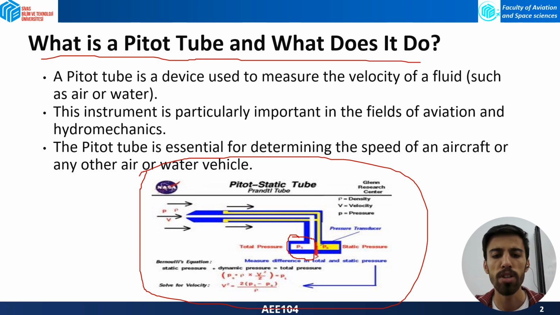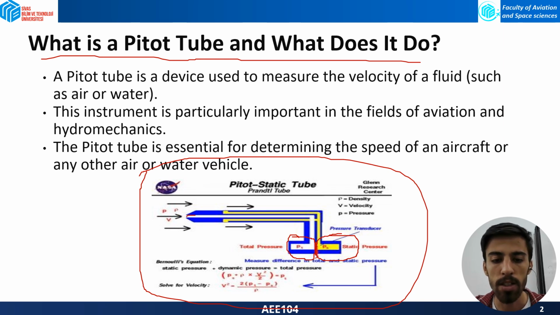This port measures the total pressure, which means P static plus P dynamic. P means pressure. And this other port only measures the static pressure, and it is not related to the airspeed. It's closed.